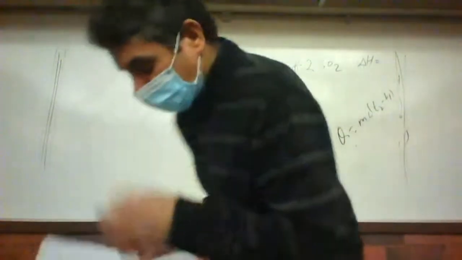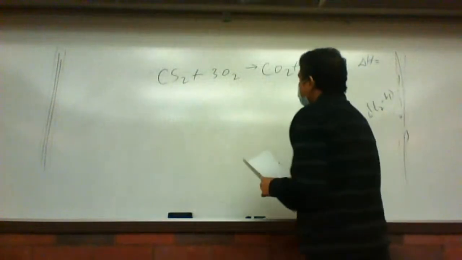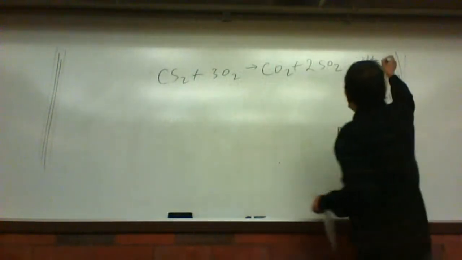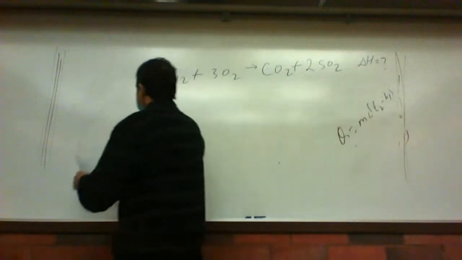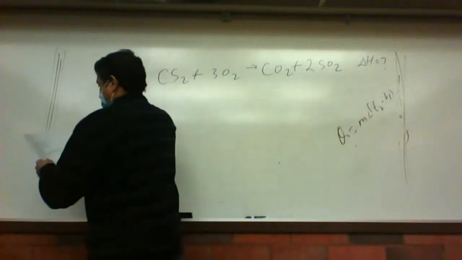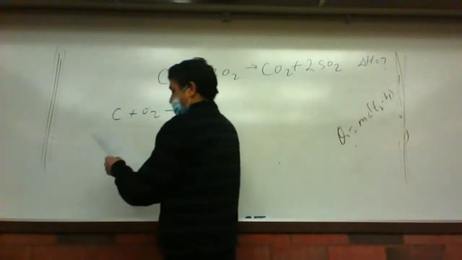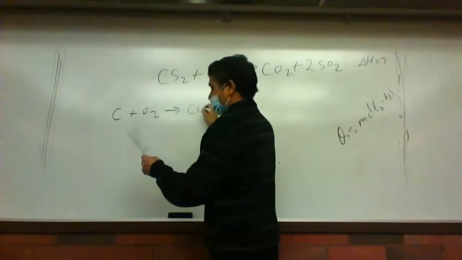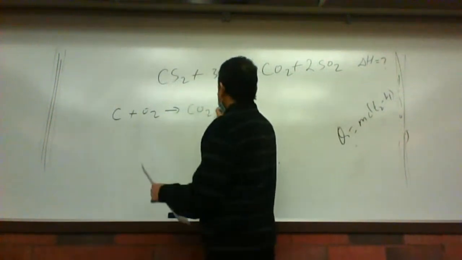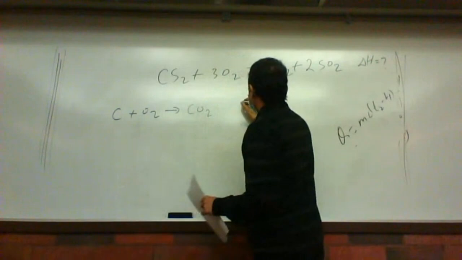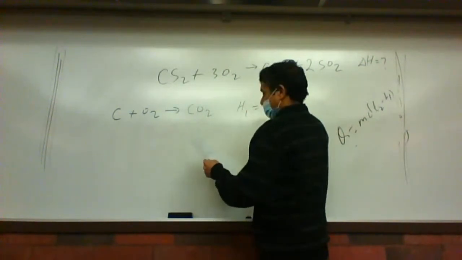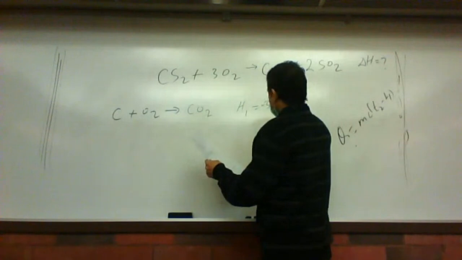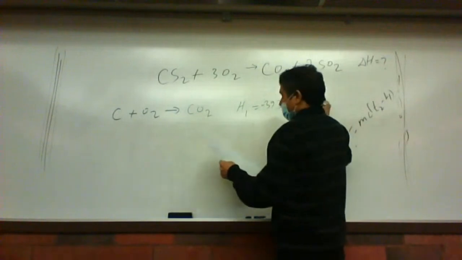How much time do I have? All right. So I need to find this one. How much heat energy would I get there? The given here is C plus O2. If I do this one, it gives CO2, and the heat H1 would be minus 393 kilojoule per mole.